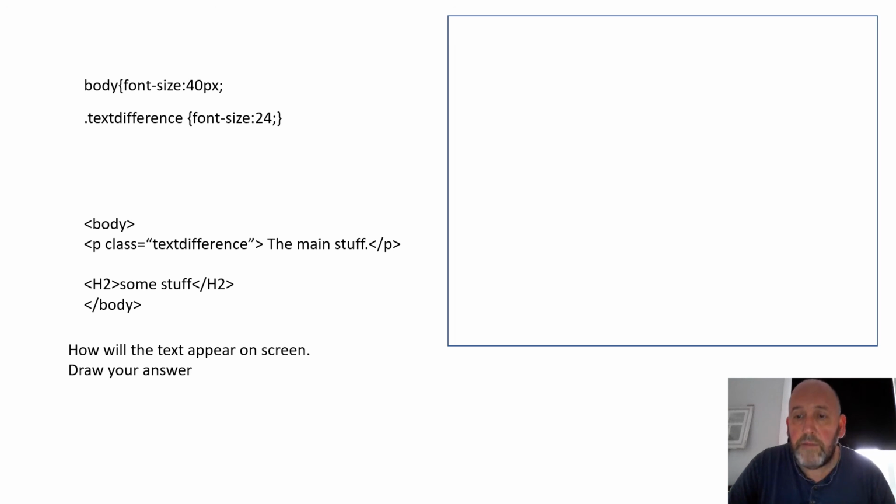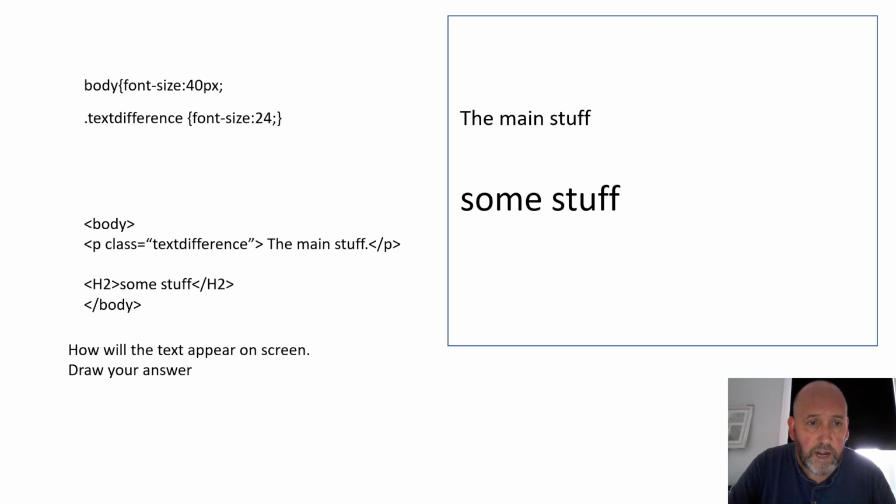Last but not least, pause the video and draw out what you think the answer will be. Here we are. P class equals text different. We're in the body, and the body should have font size 40, but text different makes it font size 24.